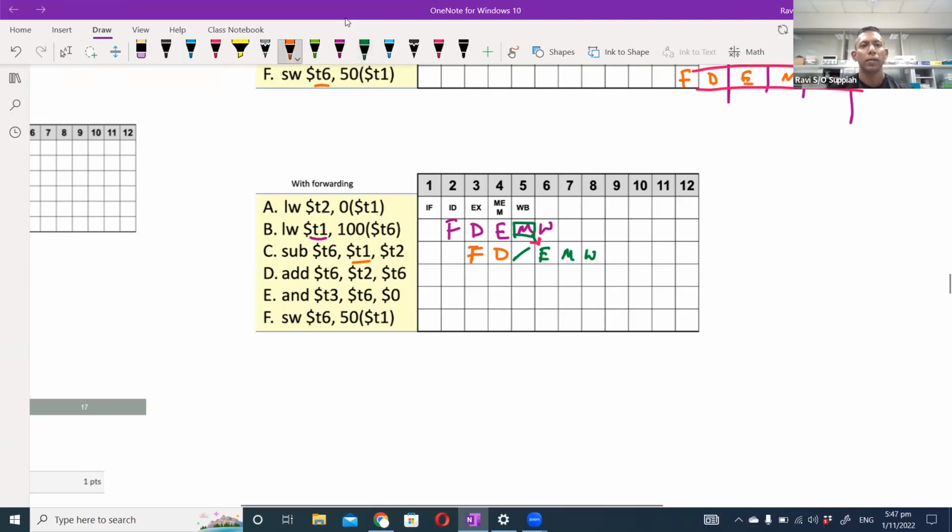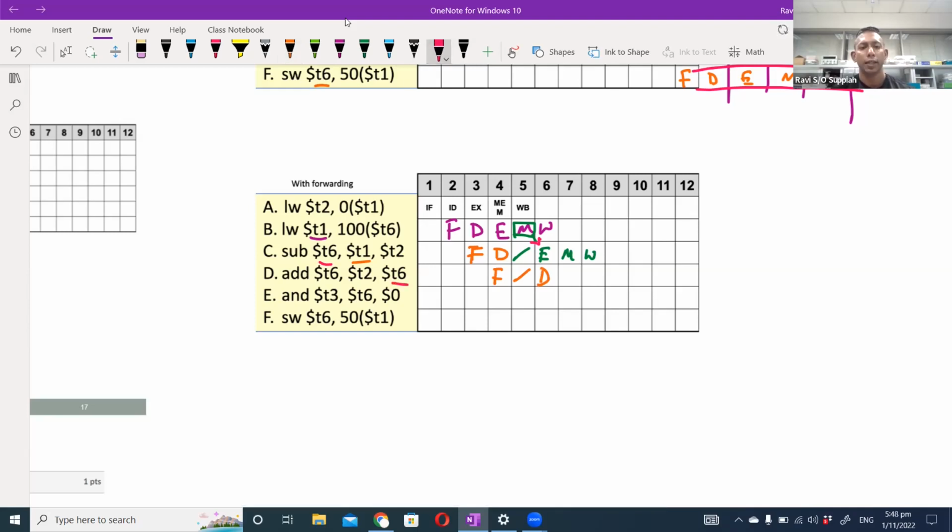Similarly, when the fourth instruction comes, I will fetch here. Since I already stalled in cycle 5, I will have a stall here, so the decode will come here. Again, the same thing: there is a dependency here, T6 and T6.